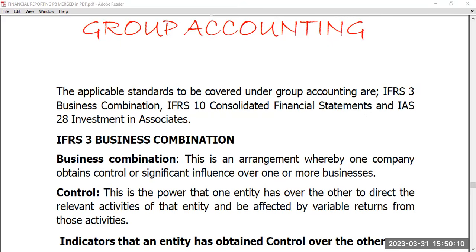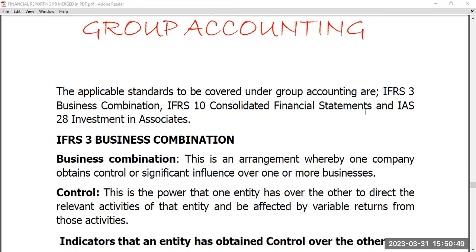Basically, to give you an overview of group accounting, this was on the level 3 syllabus and was introduced in the level 2 syllabus in 2016. On level 3, group accounting is the compulsory number, and it carries 50 marks.